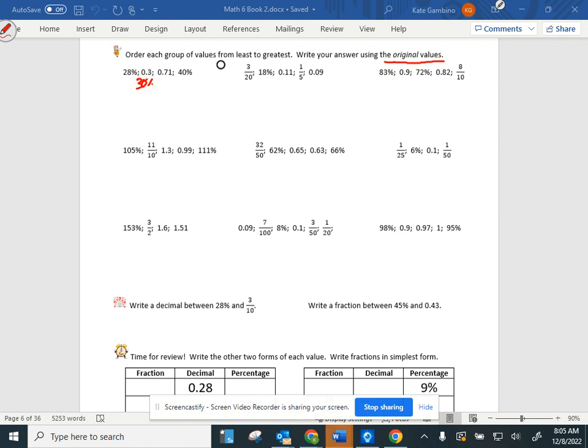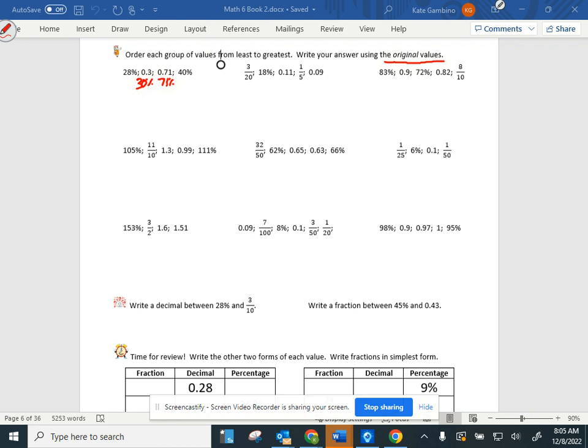What does that convert to, Riziki? 71%. So I'm writing it just right underneath it. And 40%. Do I have to convert that? No, it's already percent. Now they are all percents. I can easily write what the smallest percentage is and what the greatest is. But remember, it said original value.